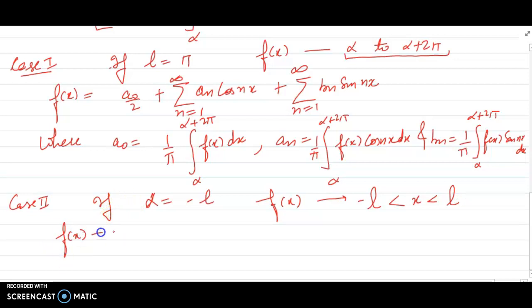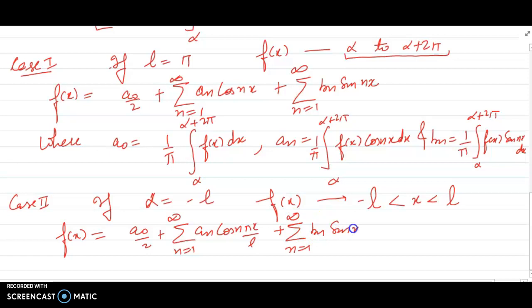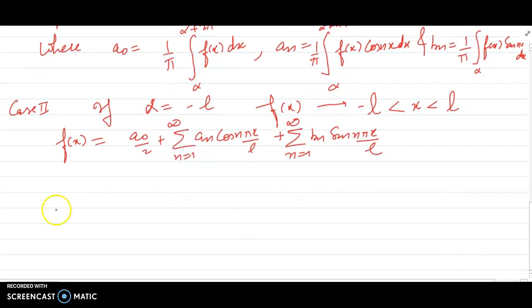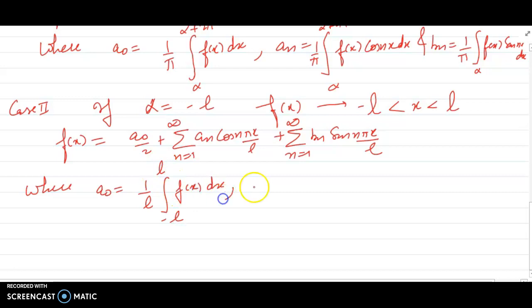The Fourier series will remain the same: a0 by 2 plus summation n varies from 1 to infinity an cos of n pi x by l plus summation n varies from 1 to infinity bn sine of n pi x by l, where the formulas remain the same. For a0 there is a change in the range of integration only: integrate from minus l to l f of x dx.